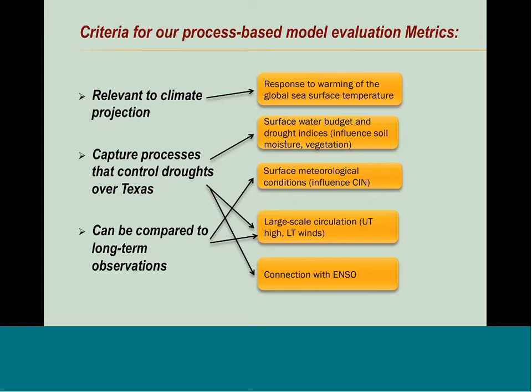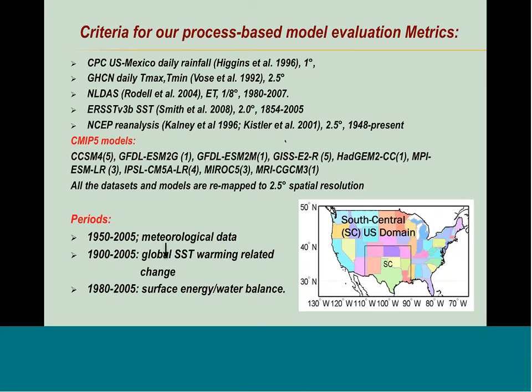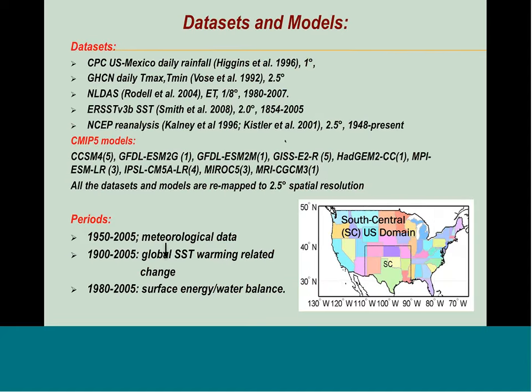And finally, the variable we choose has to be comparable to long-term observation, which basically are surface meteorological conditions and reanalysis. In this slide, we list the data we used as well as the models we used.